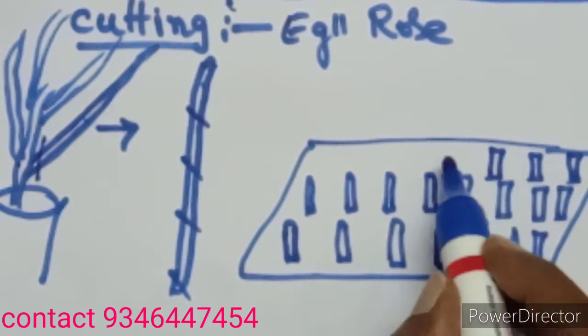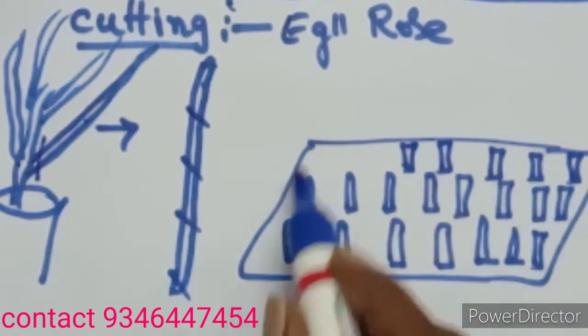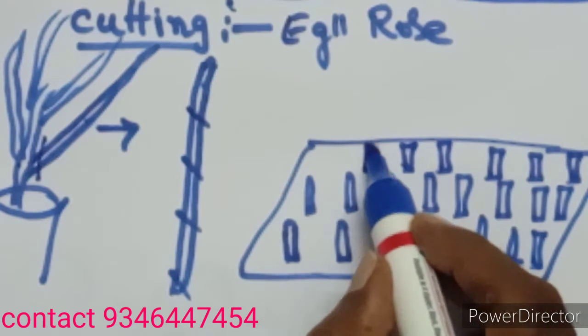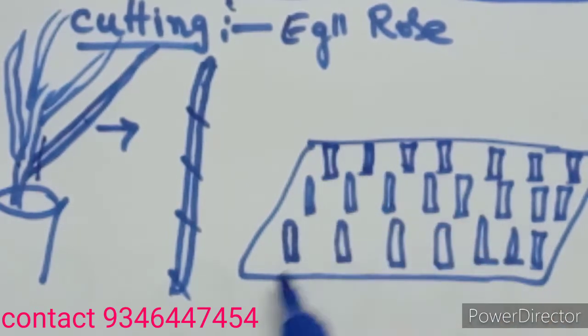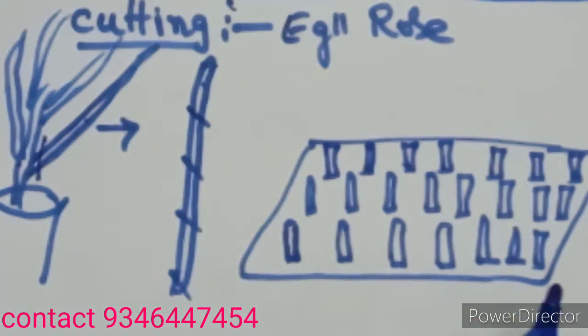After inserting all the cuttings in that area, it is watered. The total area is fully watered. Then water is supplied to this area of land regularly, daily.